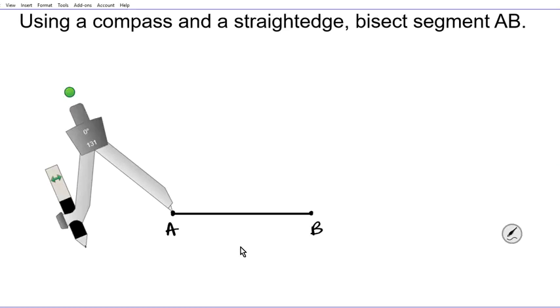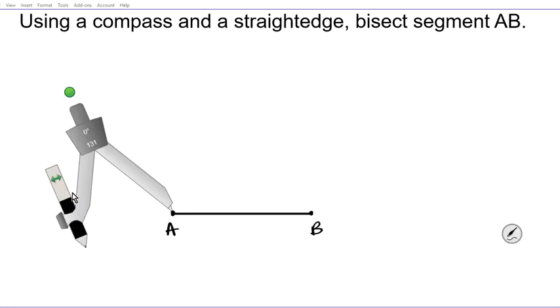Those two points of intersection are basically equidistant from these two points, so we'll have two congruent triangles if we connect point A to those points of intersection and point B to those points of intersection. And we can basically prove congruency using the side-side-side congruency postulate. So let's go ahead and create the arcs.